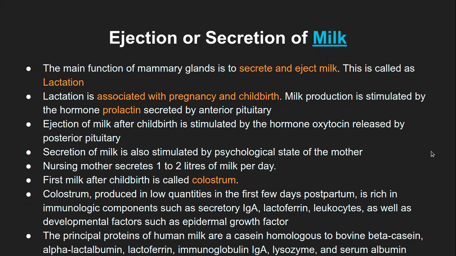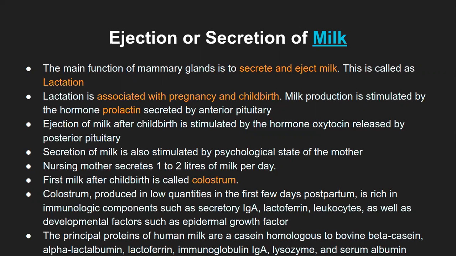So this colostrum is highly rich in immunologic components, specifically IgA. There are several of these immunoglobulins, short form Ig, and IgA is one of the important immunoglobulins giving immunity to the baby.